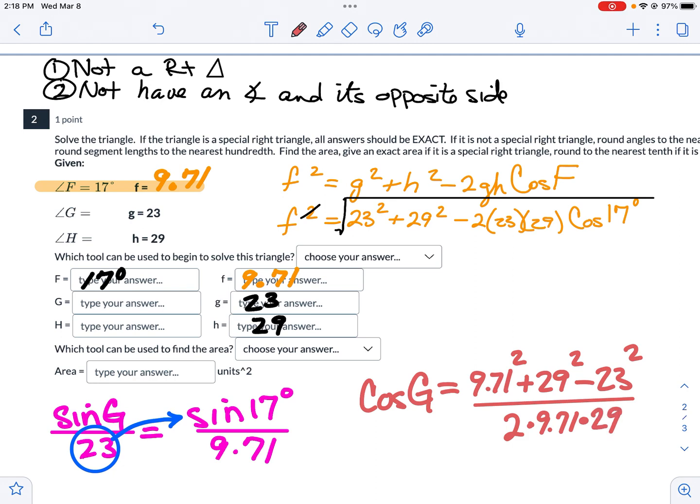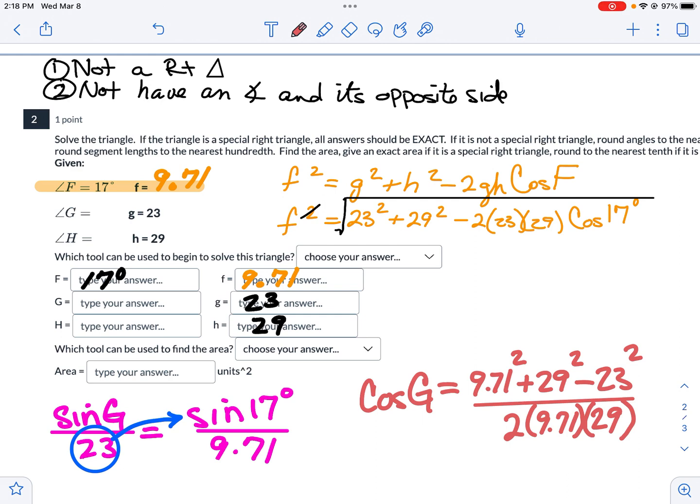I'm going to use parentheses around each part, just so my decimal doesn't get lost. So one of those two will give me the exact same answer.